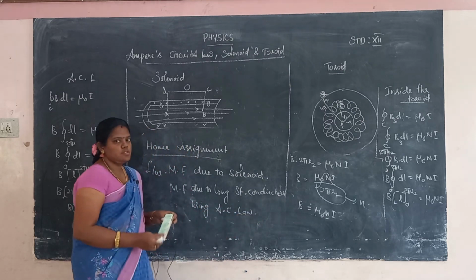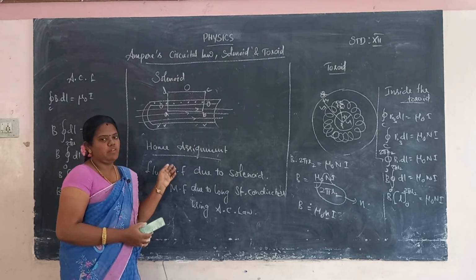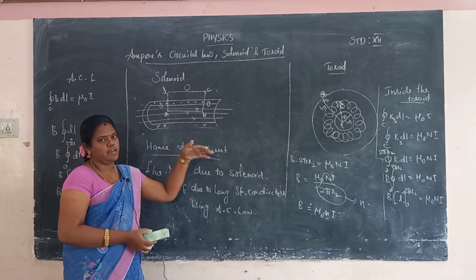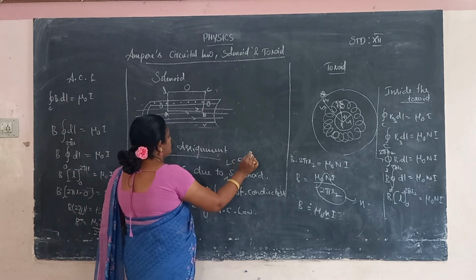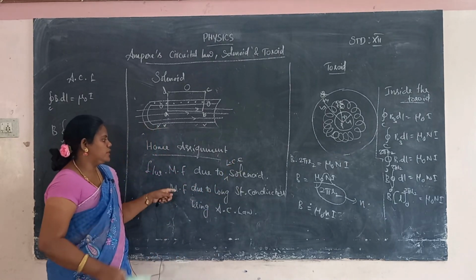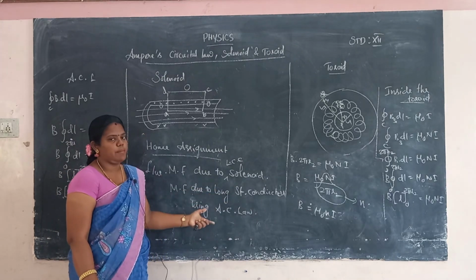Okay, two homeworks. Learn and write the magnetic field due to a long straight current carrying solenoid, and the magnetic field due to a long straight conductor using Ampere's circuital law.